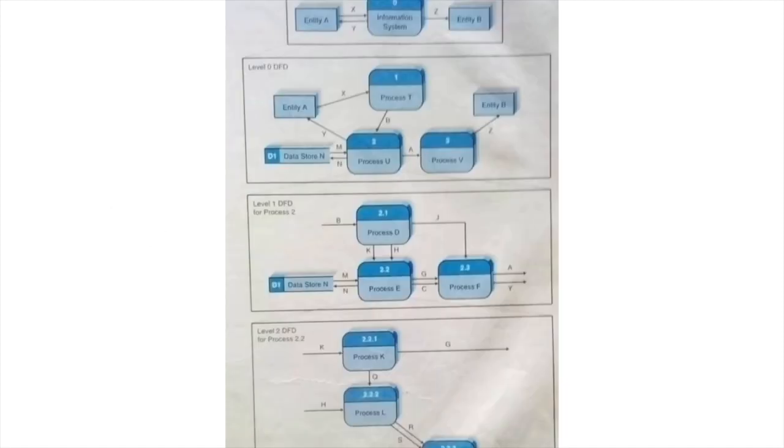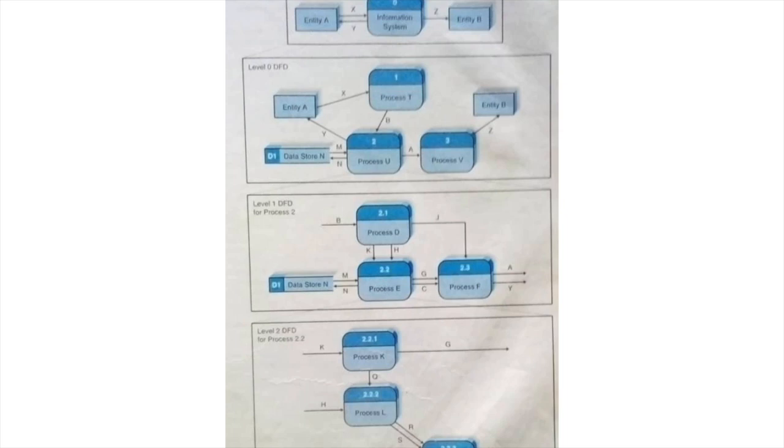Basically, we have the context diagram, the level 0 diagram, the level 1 diagram, and the level 2 diagram. As you can see, the context diagram is the high-level model of the system. It is usually the first diagram in a DFD, and it shows the system in a holistic view without giving you further details about the system.